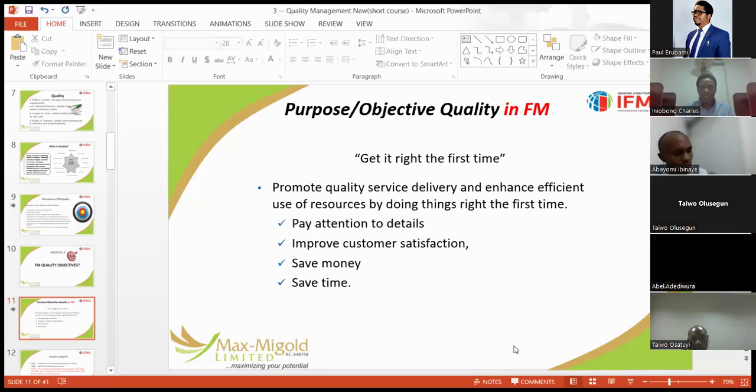You must understand customer satisfaction. And of course, when you get things right the first time, you save money and you save time. Nobody wants to pay repeatedly on a job that is done. So as an FM, this objective is very important. You get it right the first time.